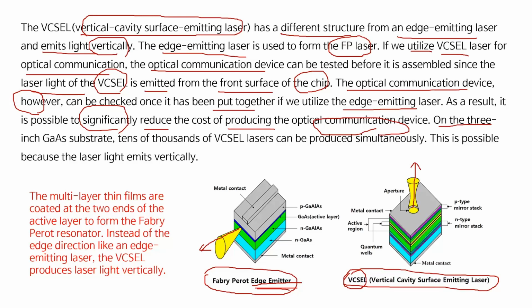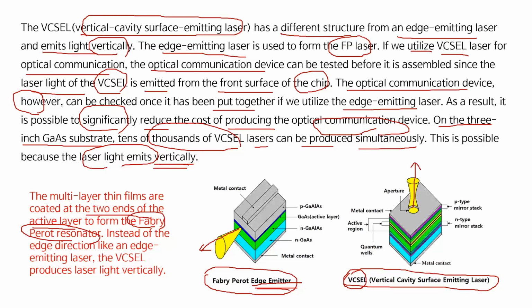On the 3-inch gallium arsenide substrate, tens of thousands of VCSEL lasers can be produced simultaneously. So this is possible because laser light emits vertically. The multilayer thin films are coated at the two ends of the active layer to form the peripheral resonator.